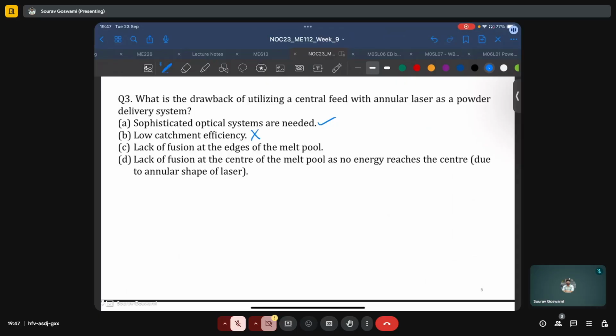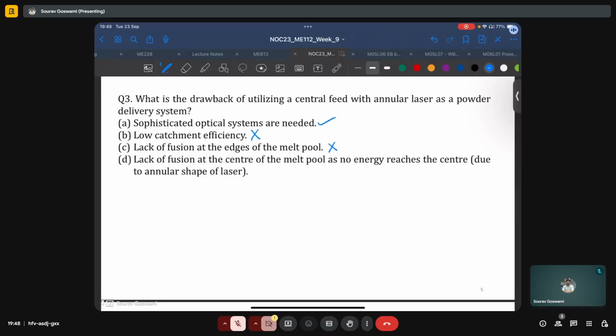The lack of fusion at the edges of the melt pool is typically characteristic of lateral feeding of powder, where there is an imbalance in the power or the energy available locally and the amount of material being deposited. Whereas in the case of central feed with annular laser, this will be alleviated.